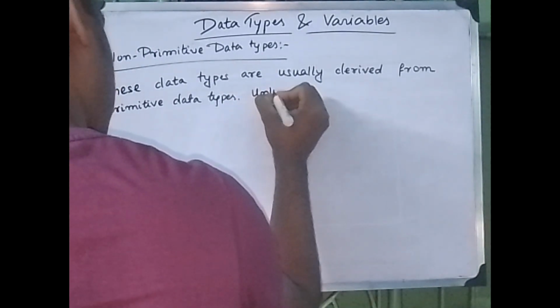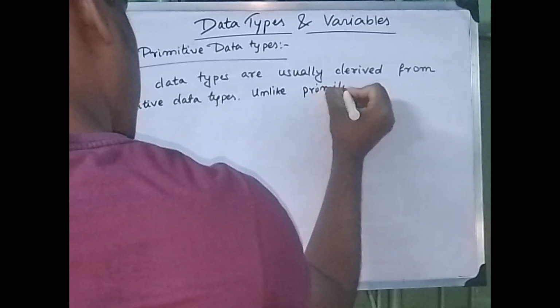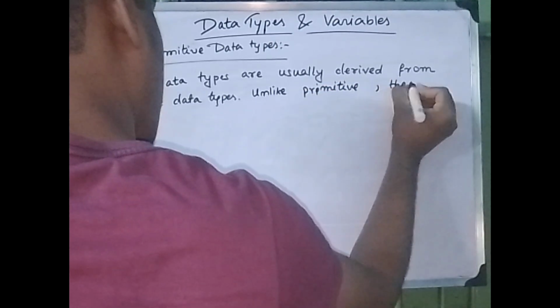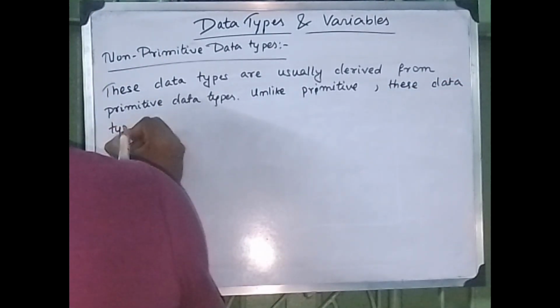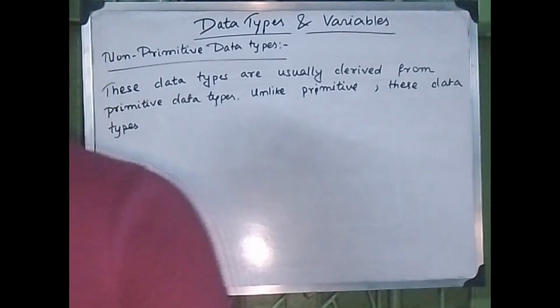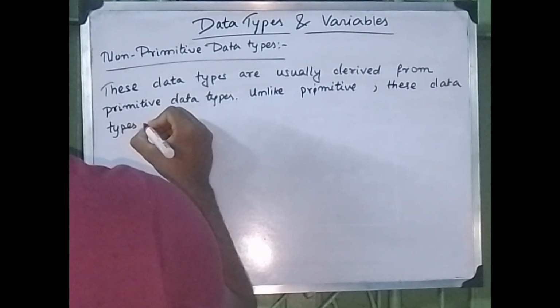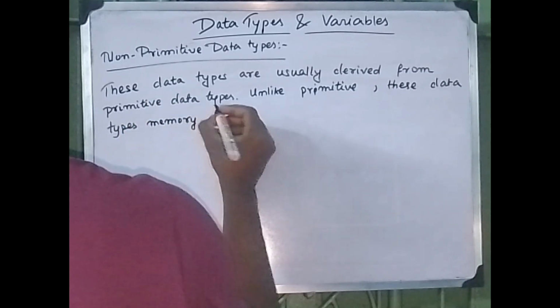Unlike the primitive data types, these reference or non-primitive data types get allocated in the dynamic memory.